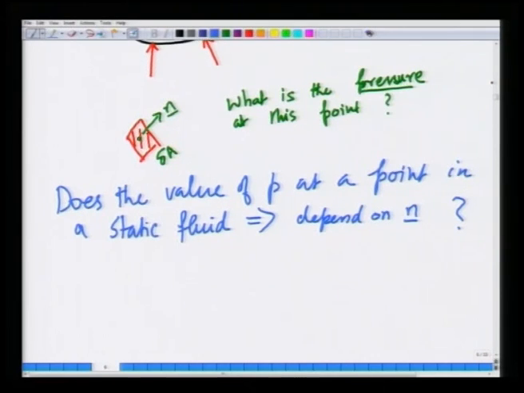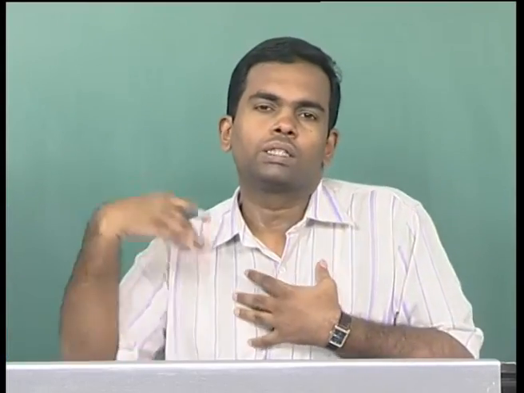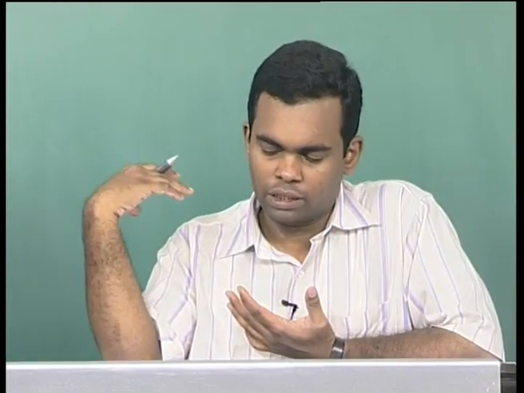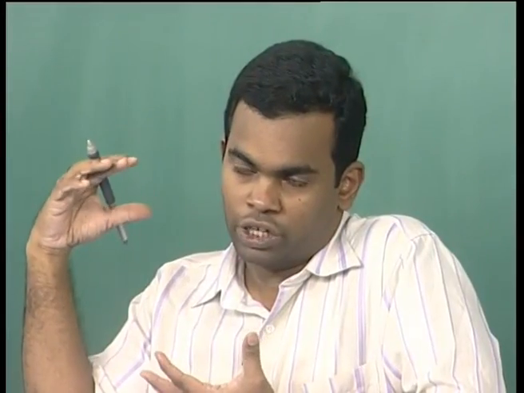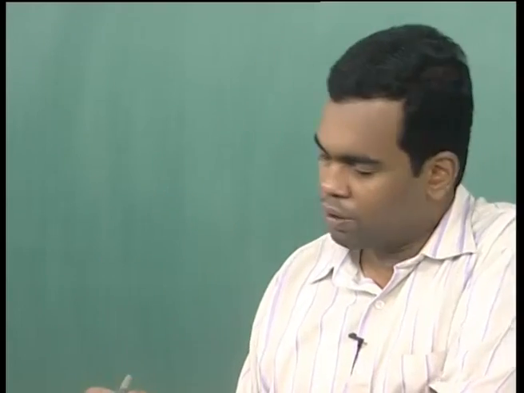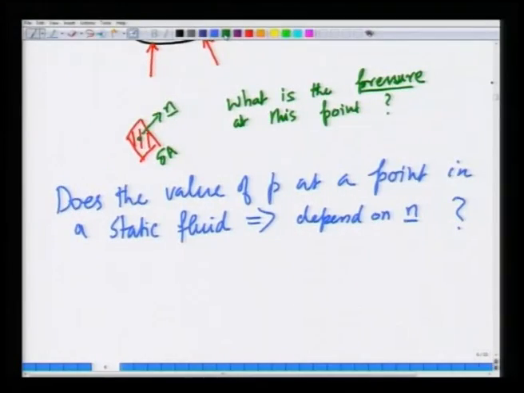As I have told you repeatedly in the continuum approximation, when you say at a point, any property like density at a point, you have to construct a tiny volume about that point. When you consider pressure, you have to construct a tiny area, but you can construct this area with infinitely many orientations about a point. So, does the pressure that one obtains about a point as the area shrinks to 0 in the continuum sense depend on n, the orientation? We will show that it will not. So, the pressure is purely a scalar.